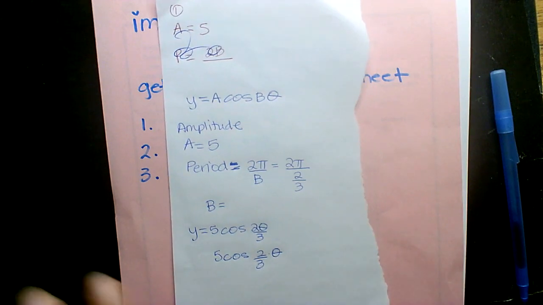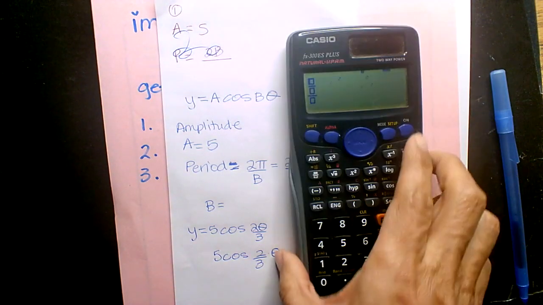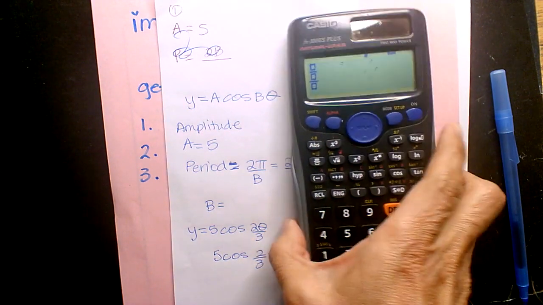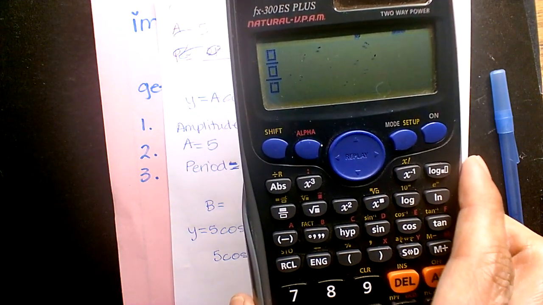Okay, but now you're back to the calculator if you want to use a calculator. You are not going to hit fraction, because if you look, my numerator is a fraction and my denominator is the integer.